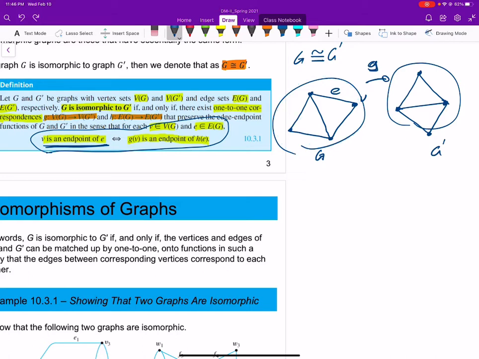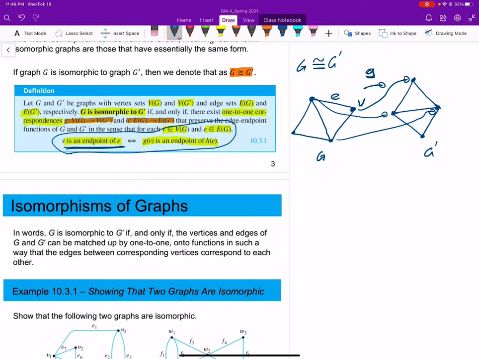So these are two functions. Since this is V, it should map with this point, and this edge should map with that edge. That is how the isomorphism works. Let me use a different color for that.